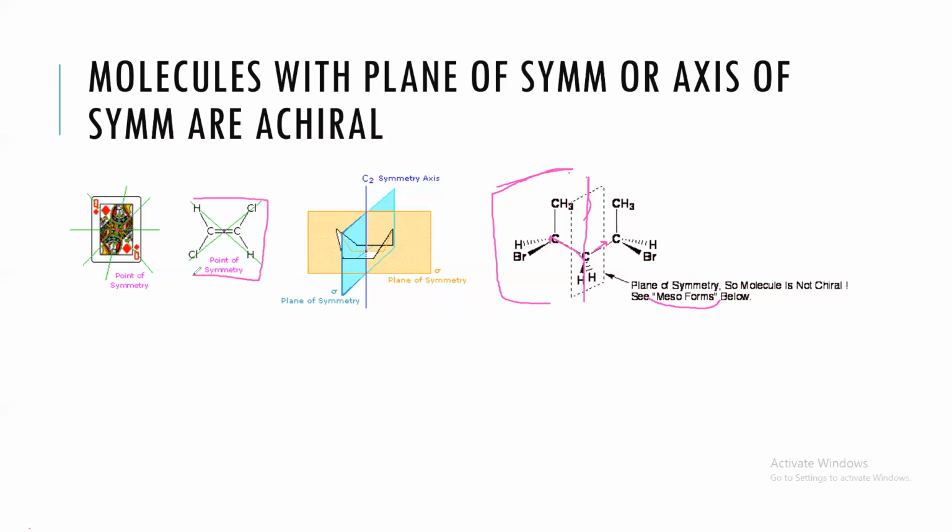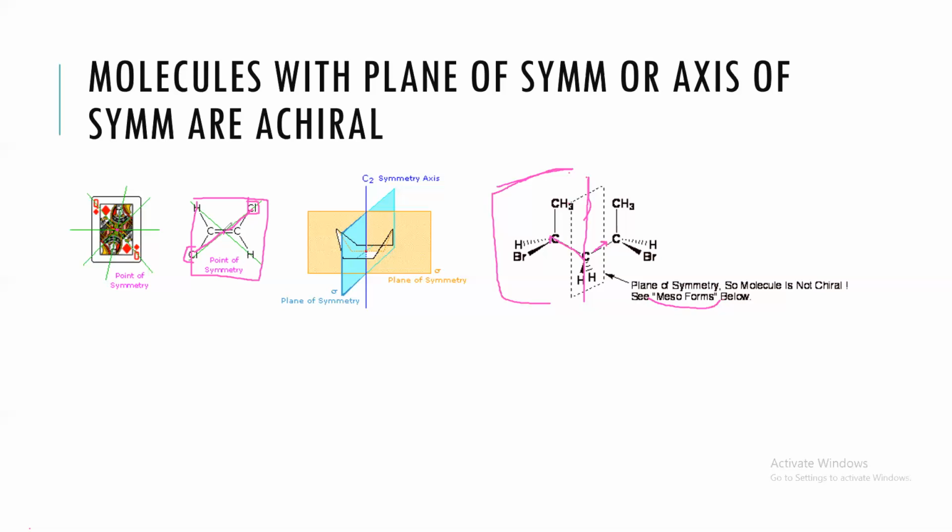So the point of symmetry is simply when I draw a point over here and I go from this point in one direction and I encounter, for example, in this molecule a chlorine, and then I go again from this point in the opposite direction, the same way I'm also going to encounter chlorine, and this is what happens in this case.